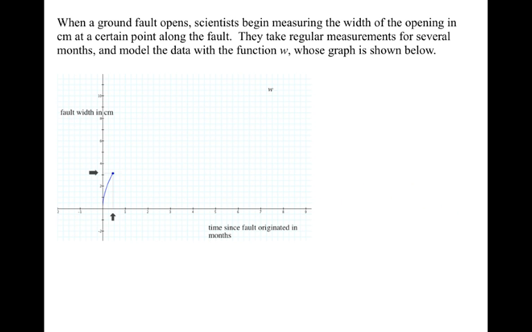Okay, so let's look at this application here. It says, when the ground fault opens, scientists begin measuring the width of the opening in centimeters at a certain point along the fault. They take regular measurements for several months and model the data with a function W, whose graph is shown below.